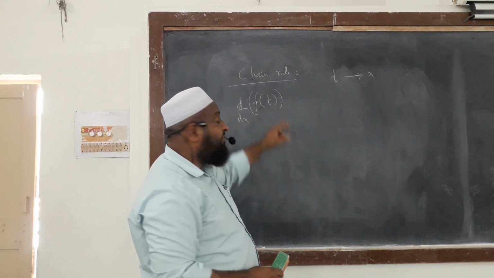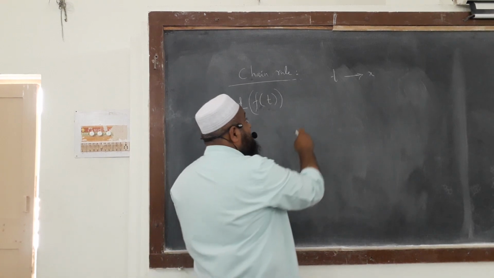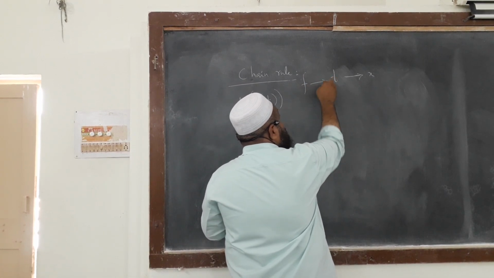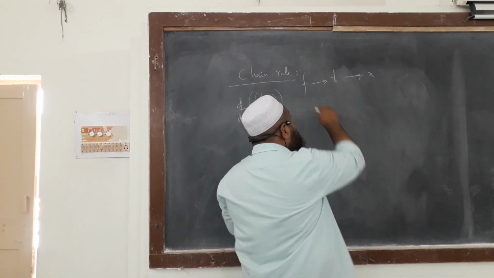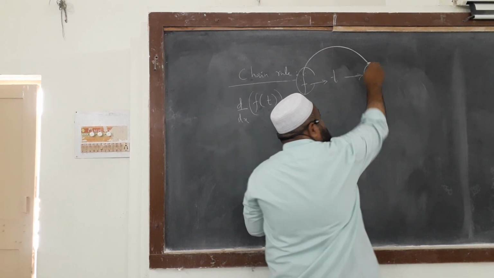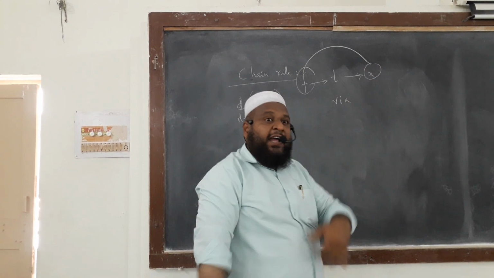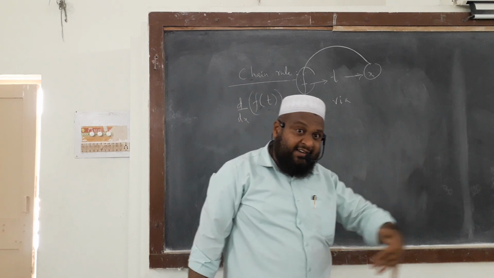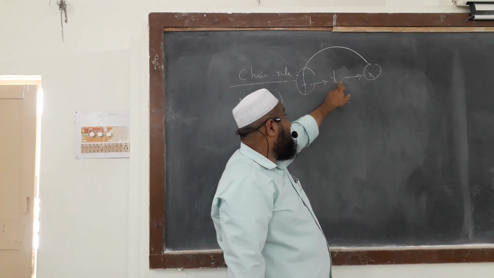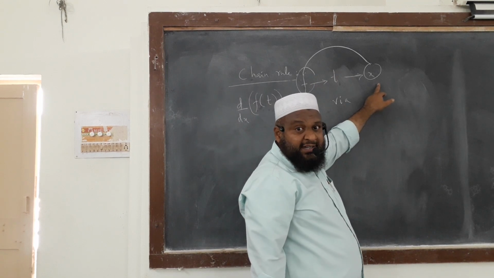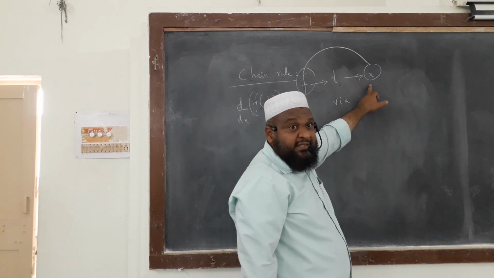What is the meaning of f of t? Function depending on t. Now function f is depending on t, that t is depending on x, means what? f is depending on x via, as we say, I am going from Hyderabad to Chennai via, you will tell a middle place. In that same way, f is depending on t, t is depending on x. Therefore, f is depending on x.